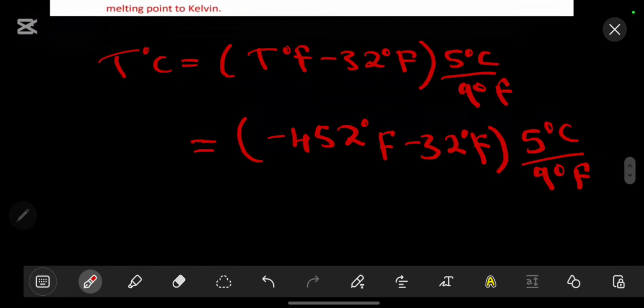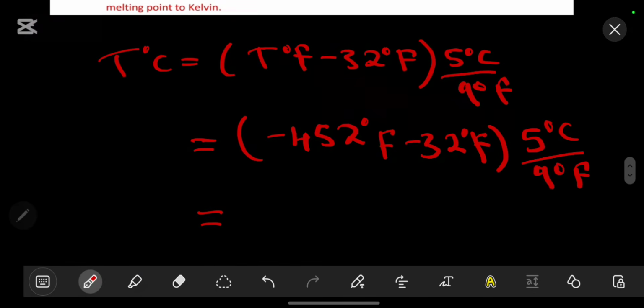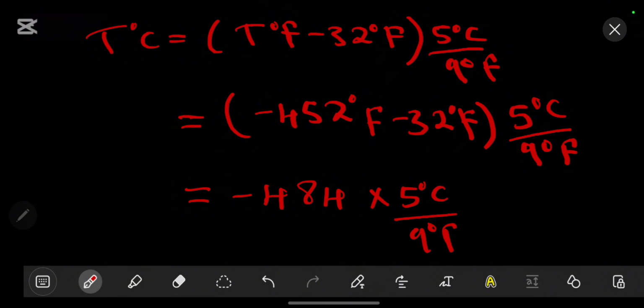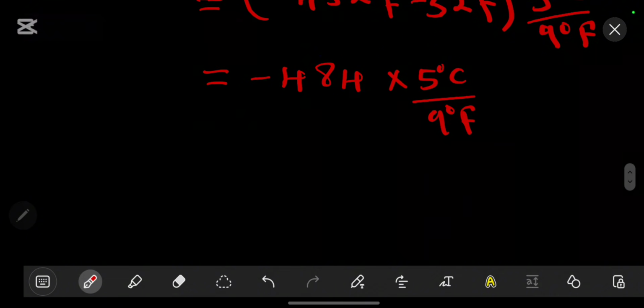So when we subtract this, we are getting negative 452 minus our 32. That will give us a value of negative 484. Then we multiply this by 5 degrees Celsius over 9 degrees Fahrenheit. So when we multiply, on top we have times 5.